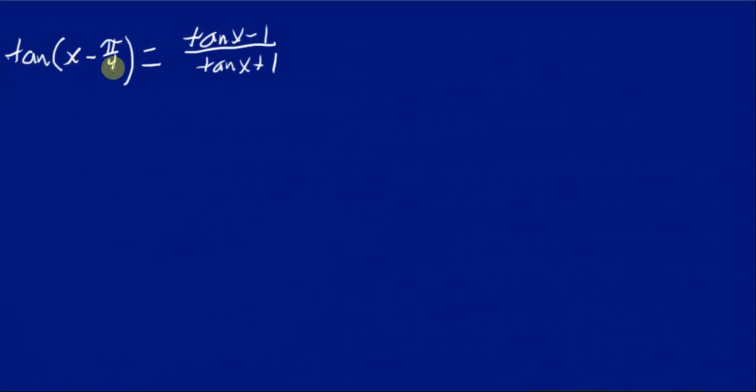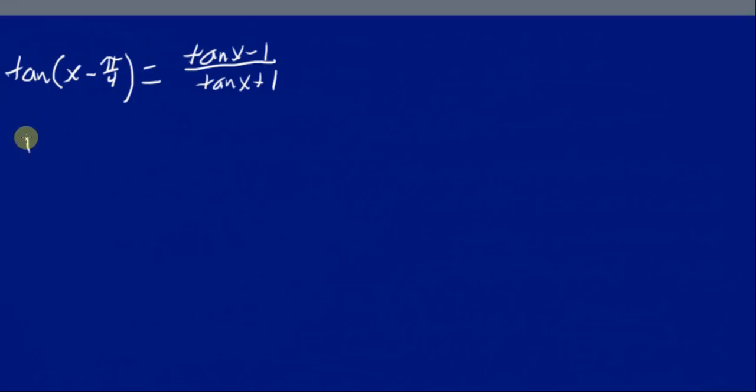So we've got the tangent of x minus pi over 4, and we want to show that it equals this mess over here. So the tangent of a difference is going to equal the tangent of alpha, the first one, so tangent of x.